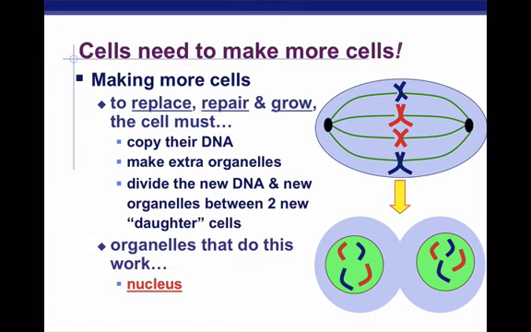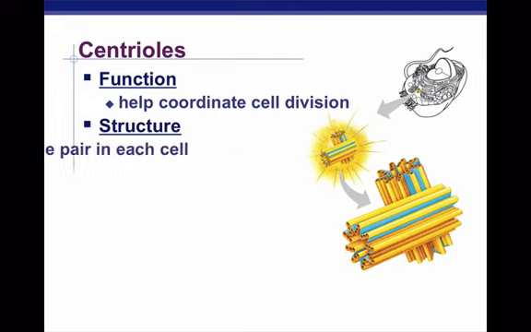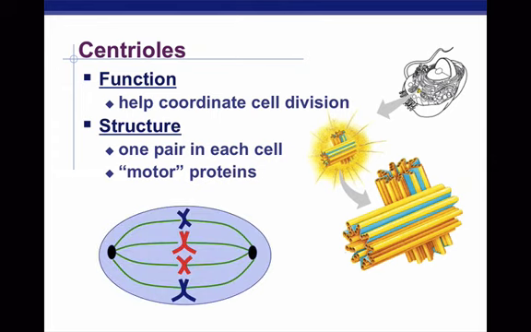Organelles that are going to do this are the nucleus and centrioles. So centrioles' function is to help coordinate cell division. The structure: there's one pair in each cell, and it's going to be really close to the location of the nucleus. There's a motor protein that's going to help pull the chromosomes apart with spindle fibers.